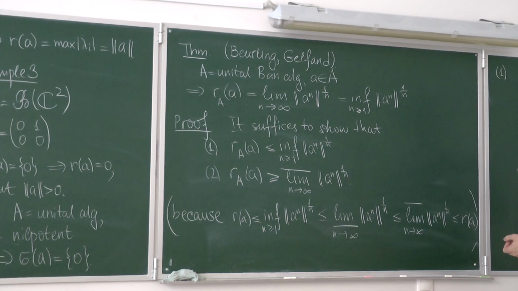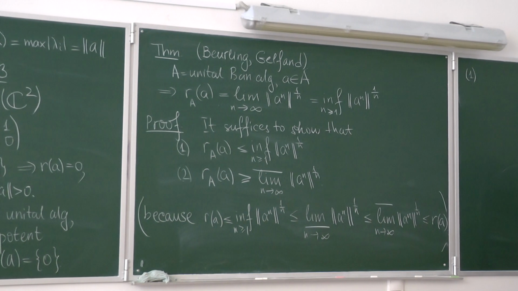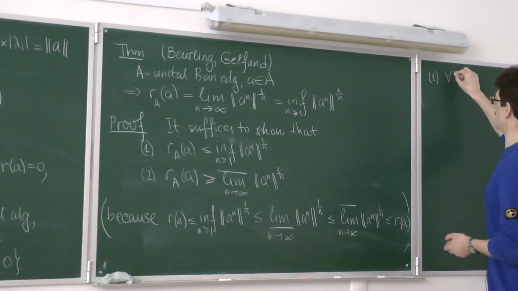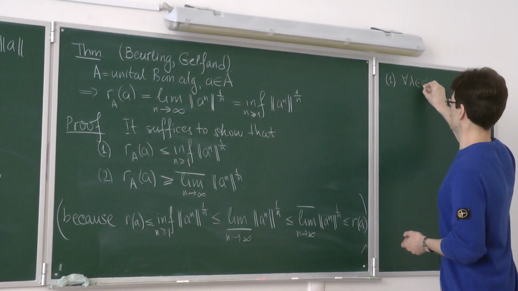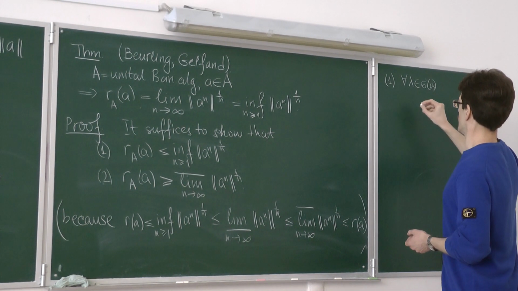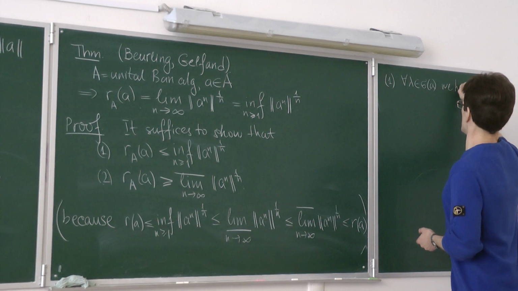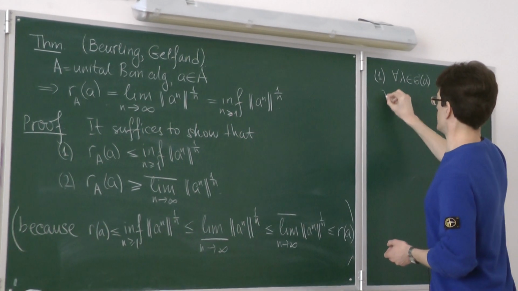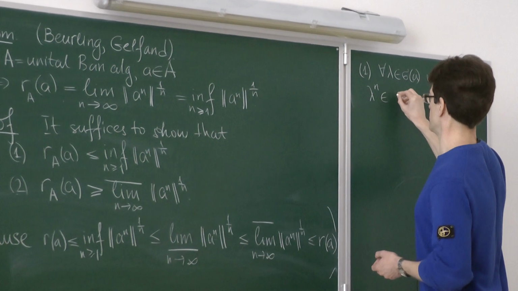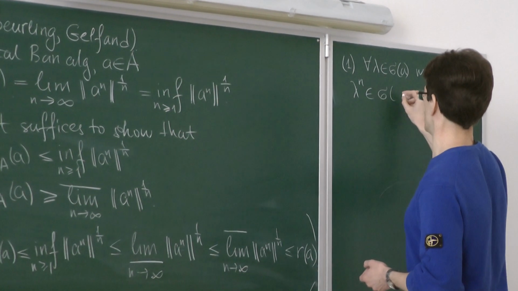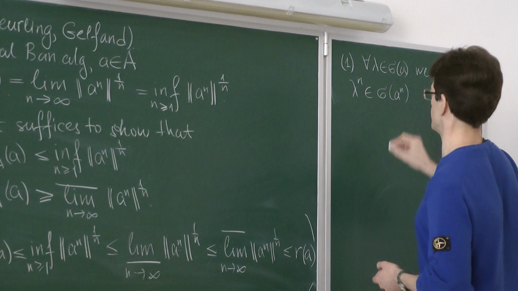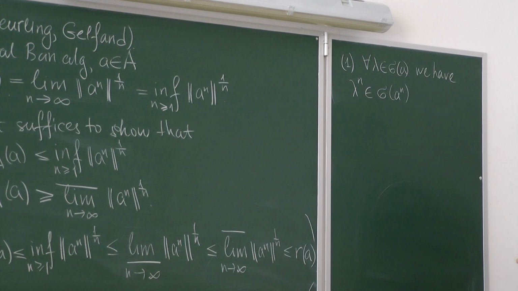Inequality 1 is very easy. Indeed, if you take any point lambda in the spectrum of a, then we have the following inclusion: lambda to the power n belongs to the spectrum of a to the power n. This follows from the polynomial spectral mapping theorem.